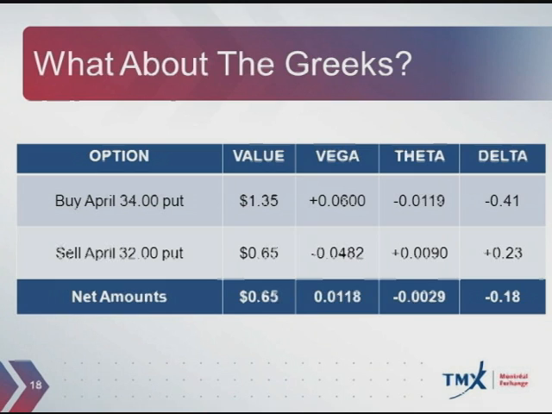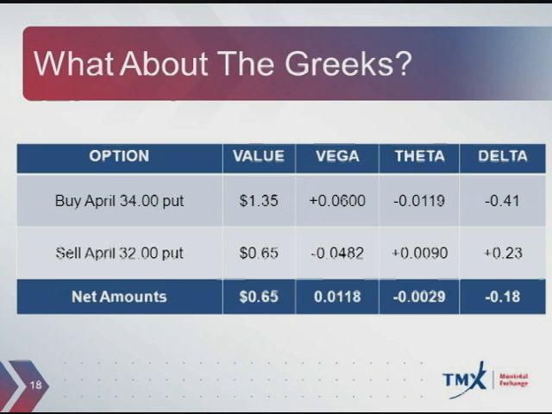So in this case, you can see that the long put has a positive vega, the short put has a negative vega. We ultimately offset that net vega down to a very, very low level here, a level which almost makes it a non-factor.